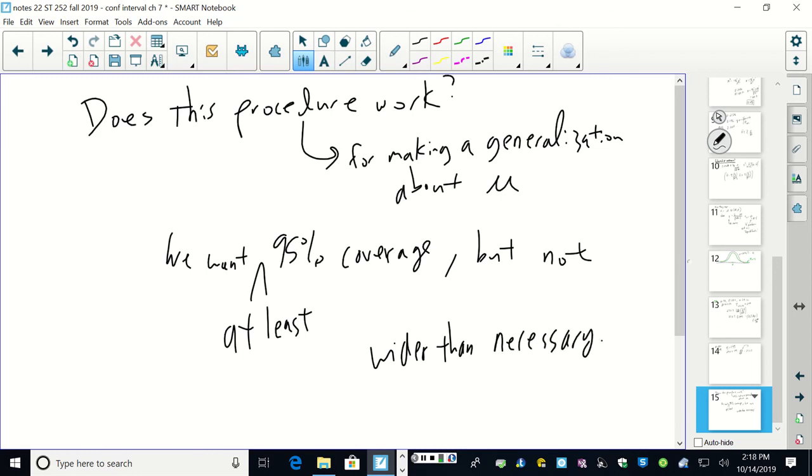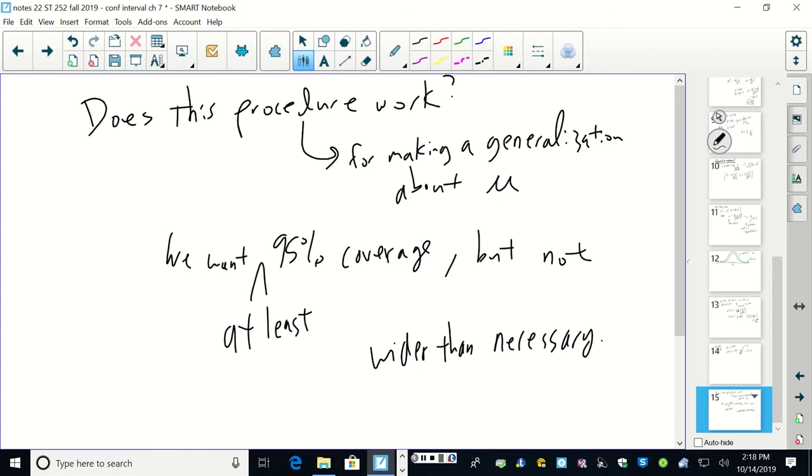I can't tell you that this is the absolute best thing to do all the time. If you have small sample sizes and the data are skewed, maybe you could come up with a different scheme that works a little bit better. Maybe the bootstrap with small sample sizes, where things are allowed to be asymmetric, works better in some cases. But if you simulate this procedure under different distributions and sample sizes, you could see whether it covers pretty well.